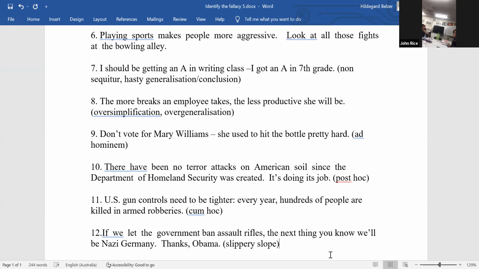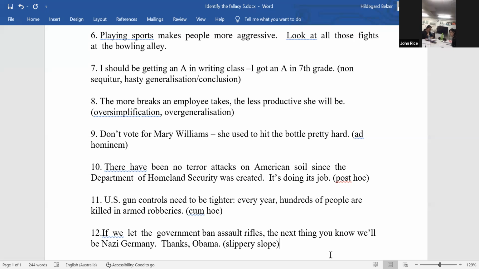Like we'll get to Nazi Germany, but it's about a cause and effect chain, and that's really the key. I think the easiest explanation is they say A, and because A, we will get B, C, D, E, F, G to Z, and Z is automatically going to happen because of A. And like you said, Shane, all those steps in between may not be necessarily connected. That's the key.